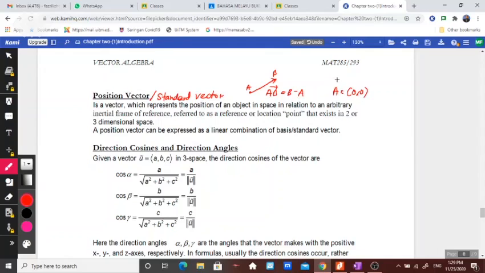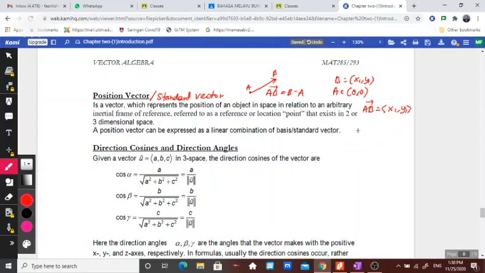Therefore, if we have point B, any point or any coordinate in 2 dimensional space, then vector AB is also the element of point B. So a position vector is actually the endpoint of the vector.